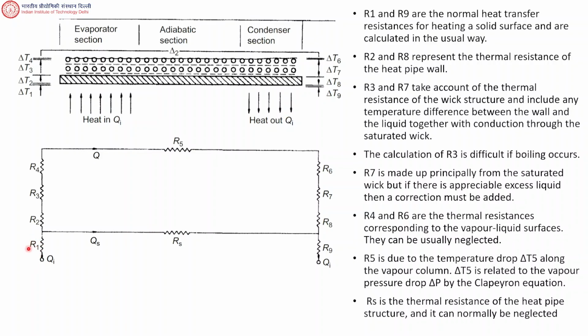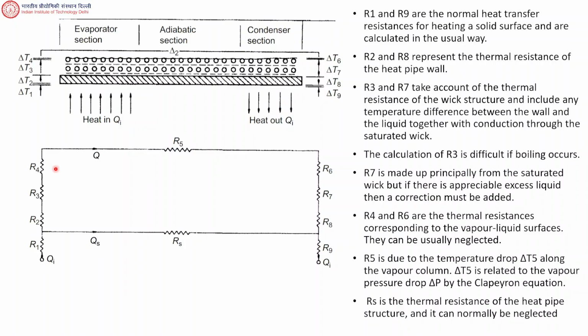So if there is convection happening, then this can be because of convection. Then we have R2, which is the resistance of the heat pipe wall. So after the wall, you have obviously the wick. So there is this wall which is often made of copper, or can be made of something else also. But next to the wall, you obviously have the wick, right?